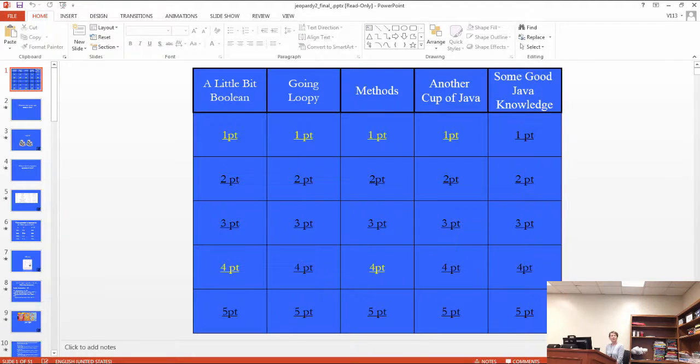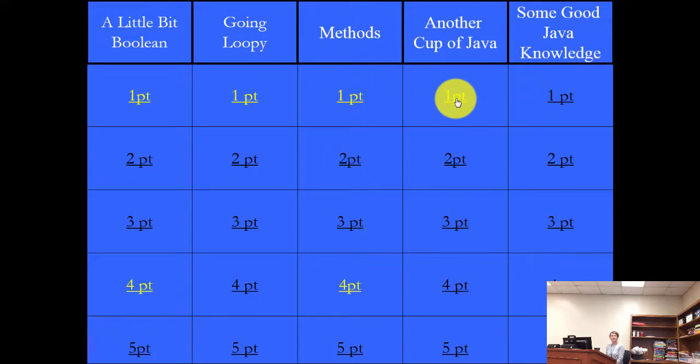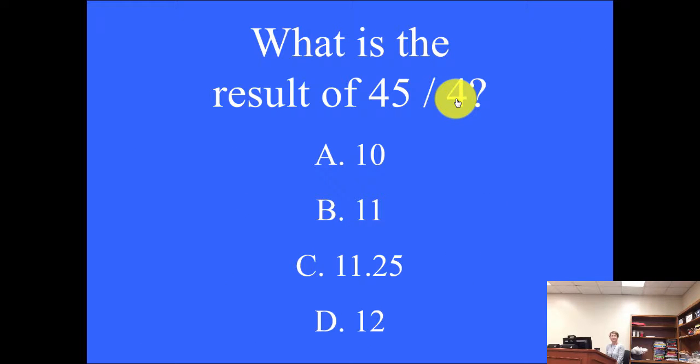All right, so we have 45 divided by 4. What is our answer? That's kind of a trick question. What do you think? It doesn't depend. If I had that in my program, what would it output? You know this.